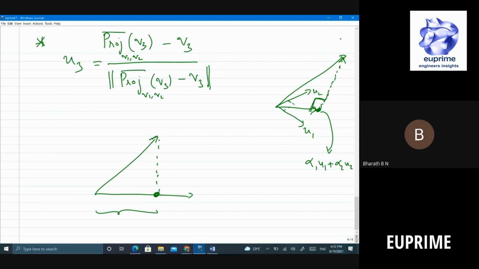Now when you project, suppose this is your projection, what will you get? You get this vector. But if it is here, you get this vector. Among the three vectors, which one do you think has the smallest length?